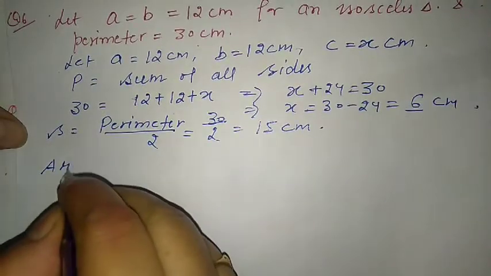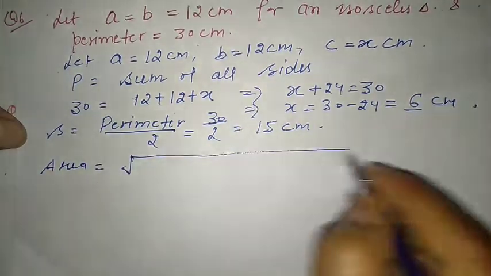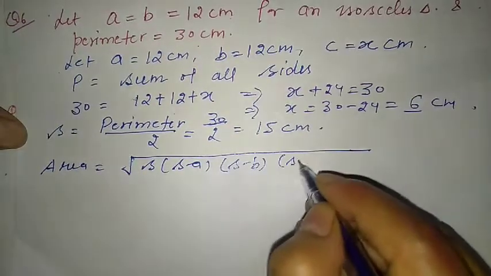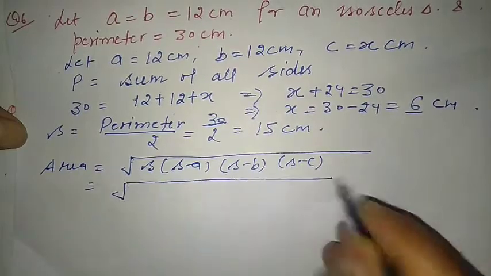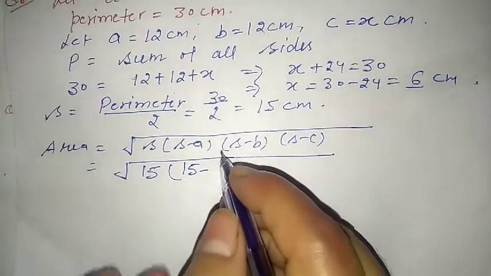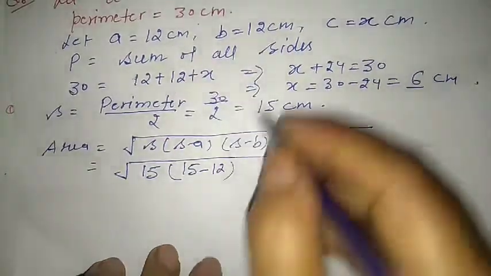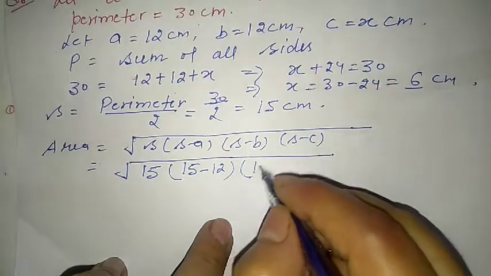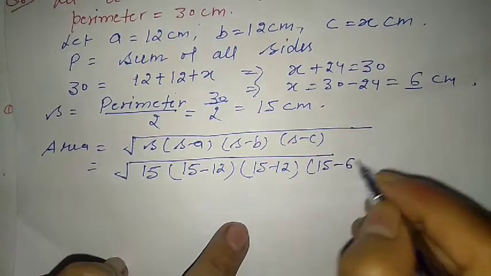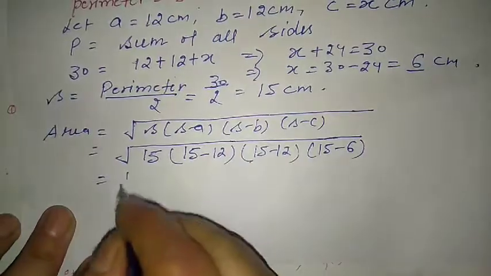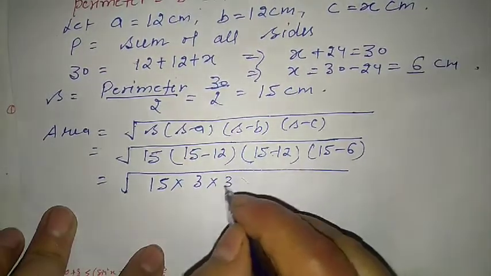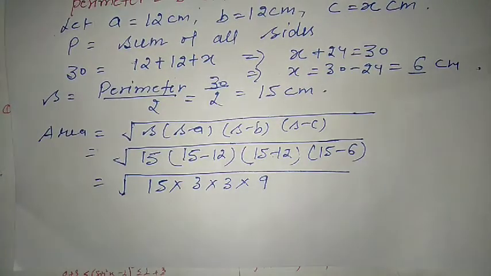Area formula: under root S into S minus A, S minus B, and S minus C. S is 15, 15 minus A which is 12, 15 minus B which is 12, and 15 minus C which is 6. That equals under root 15 into 3, this one is 3, this one is 9.